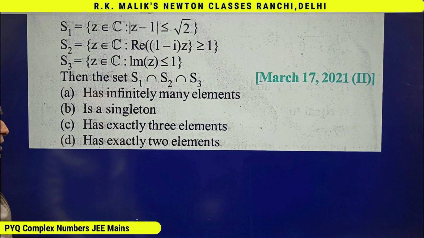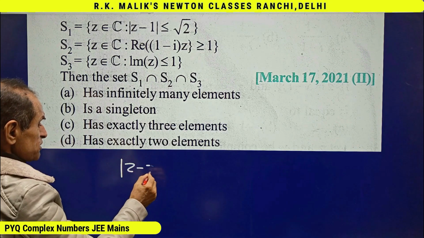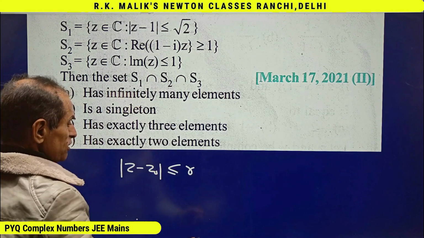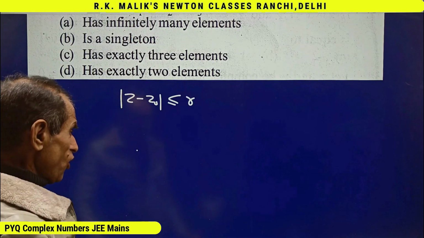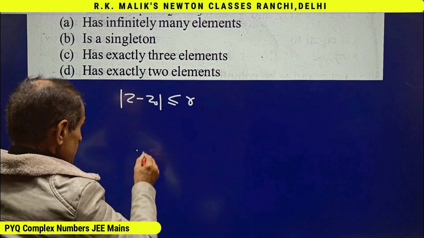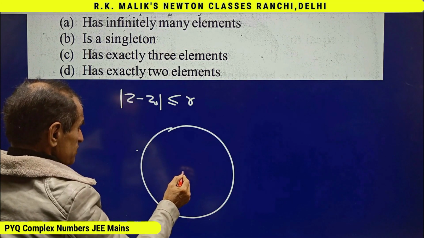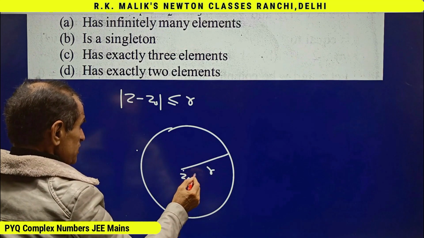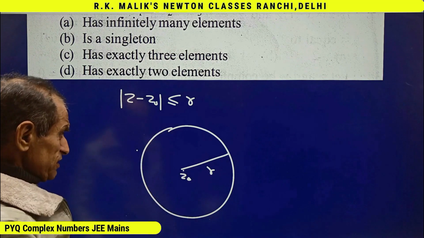Keeping this result in mind, mod of Z minus Z0 less than or equal to R represents the set of all the complex numbers lying inside a circle with center Z0 and radius R, including the points on the boundary because equality is present.